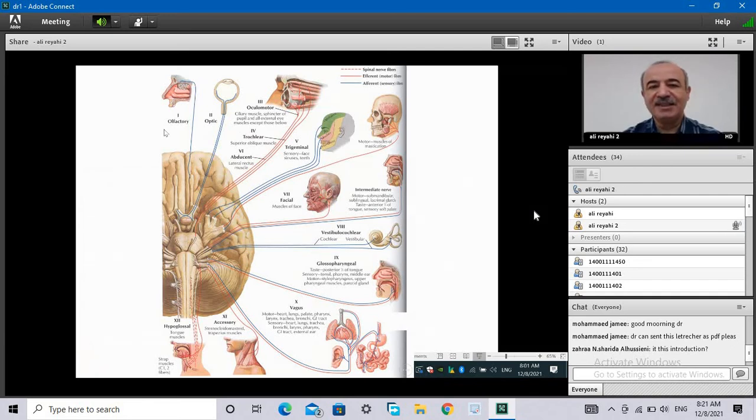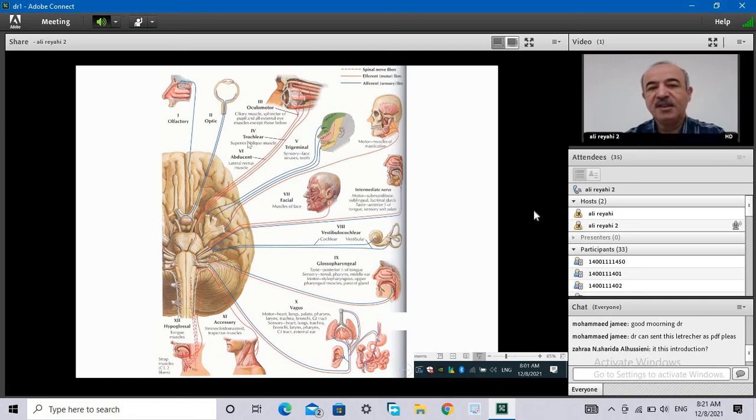In this picture you can see the 12 pairs of cranial nerves, and you can see the names of these nerves. For example, the first cranial nerve is olfactory. The second is optic. The third is oculomotor.